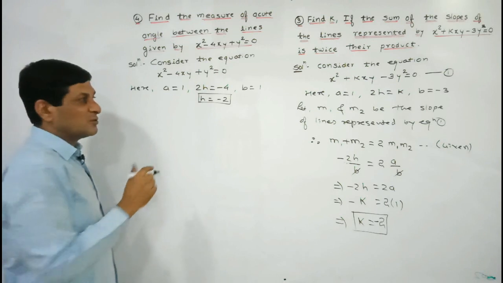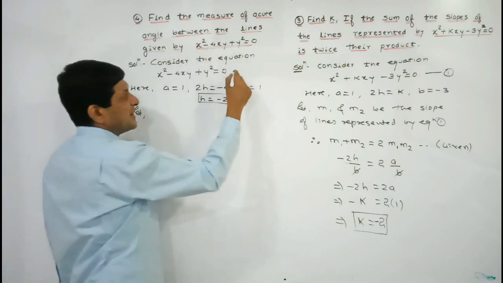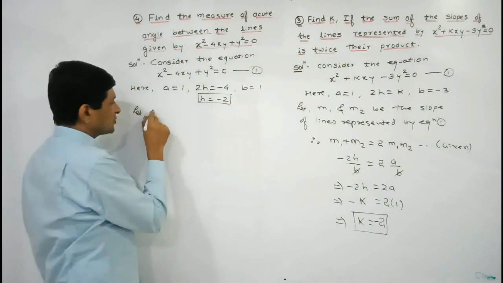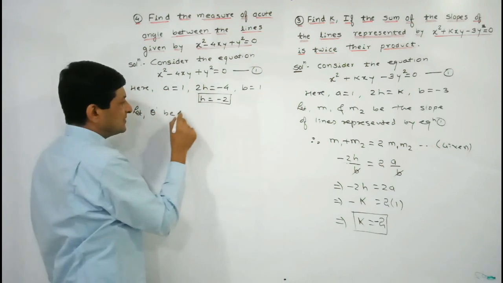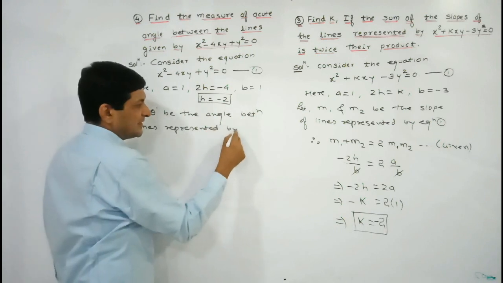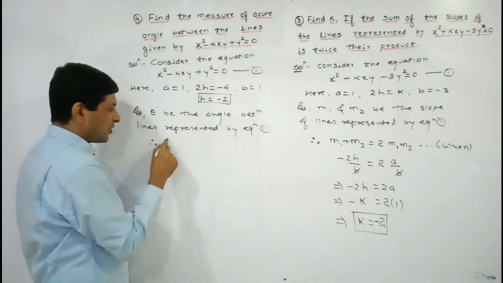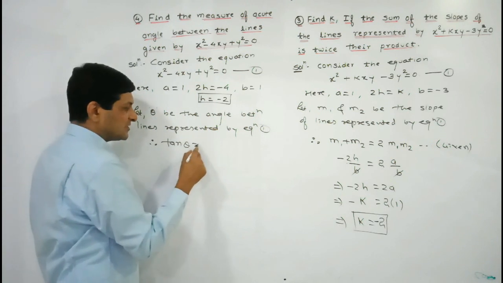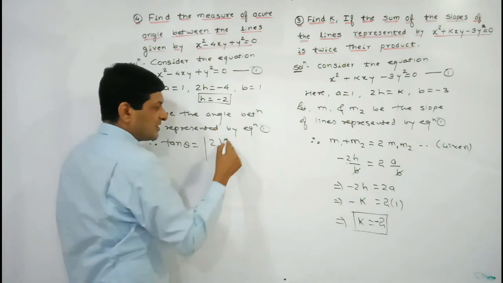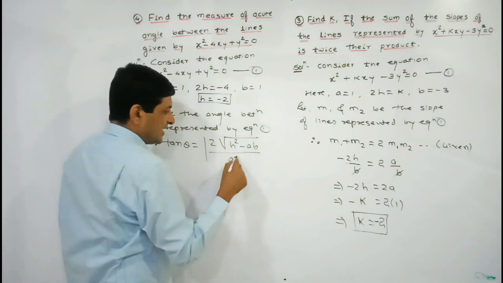Once these values are known to us, denote the angle between the lines represented by this equation by theta. So let theta be the angle between the lines represented by equation first. The formula is tan theta is equal to mod of 2 under root h square minus ab upon a plus b.